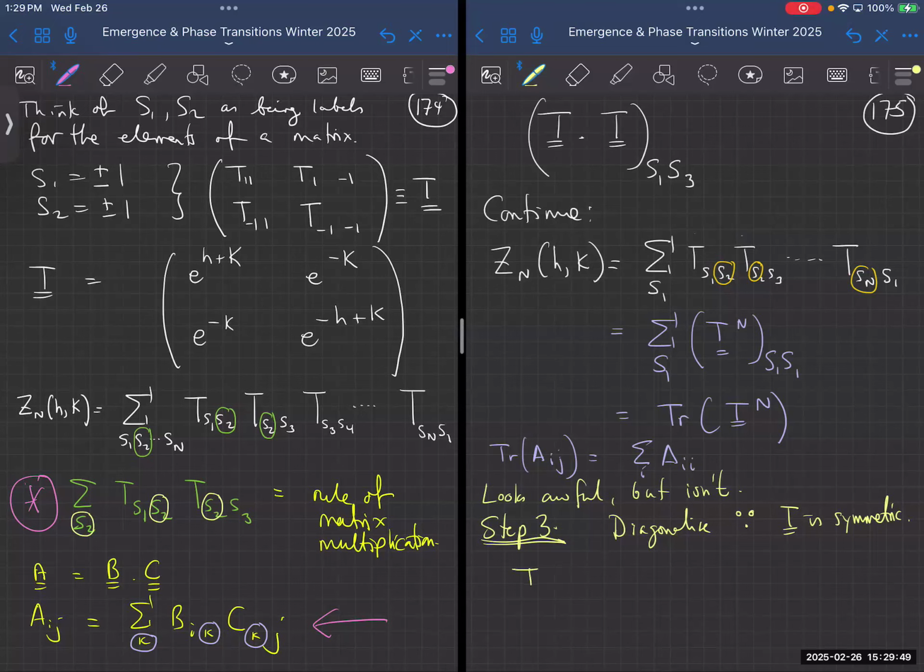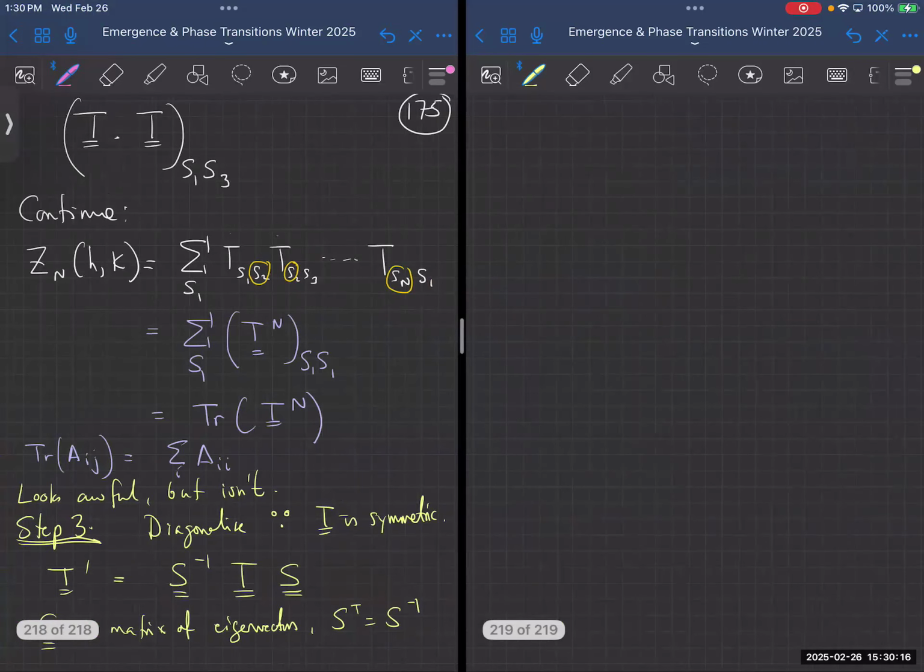You say, I'm going to make a transformation T prime. So what is this matrix? It's S to the minus 1 T times S, where S is the matrix of eigenvectors, and S transpose is equal to S to the minus 1. So this is just very basic linear algebra.